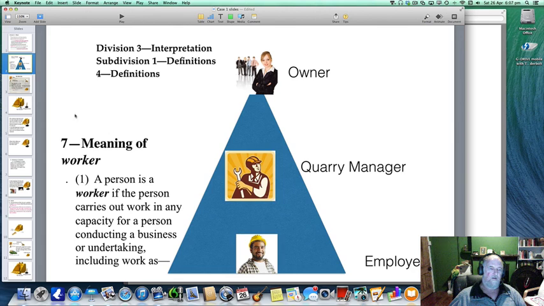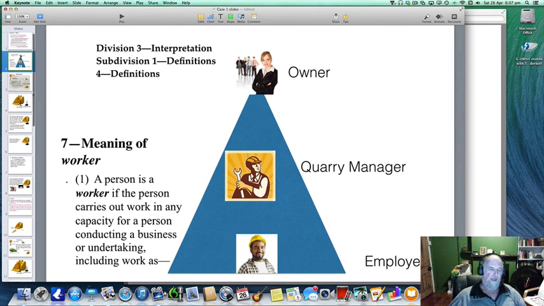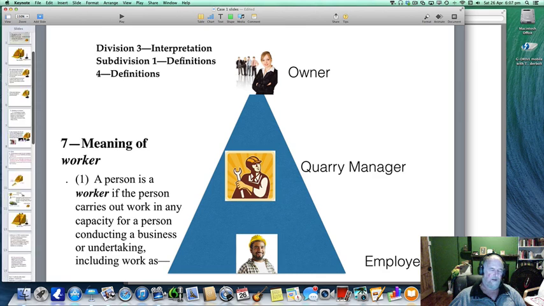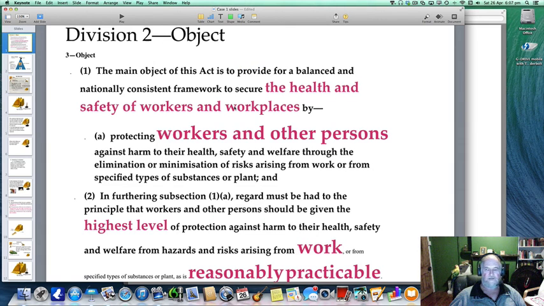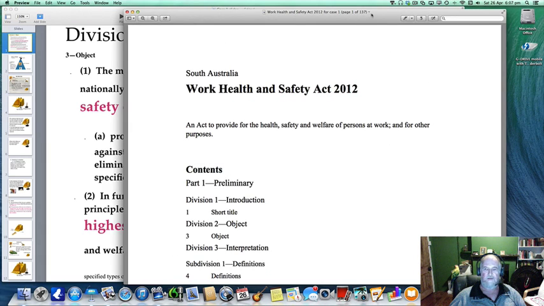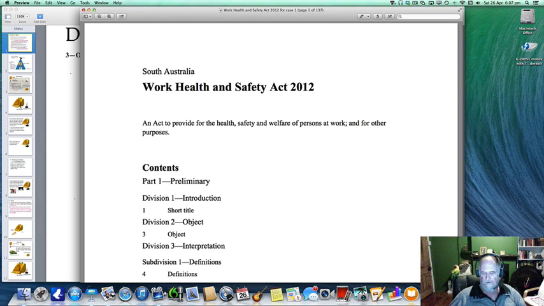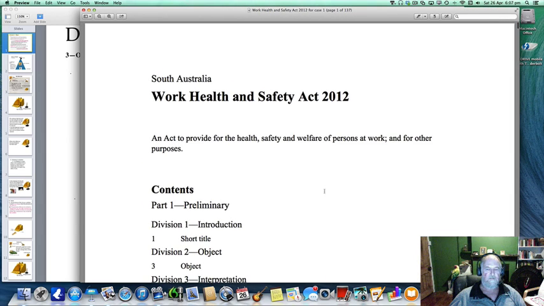Okay, so now let's go through this, thinking about it from the point of view of the act itself. Well, what bits of the act? And this whole exercise is nothing more than to get you to think about the act itself, okay? And how the act is actually presented. So first bit of the act to look at, and I'll show you, I've got the act here. I always like to have it open on my desk so I can see it.